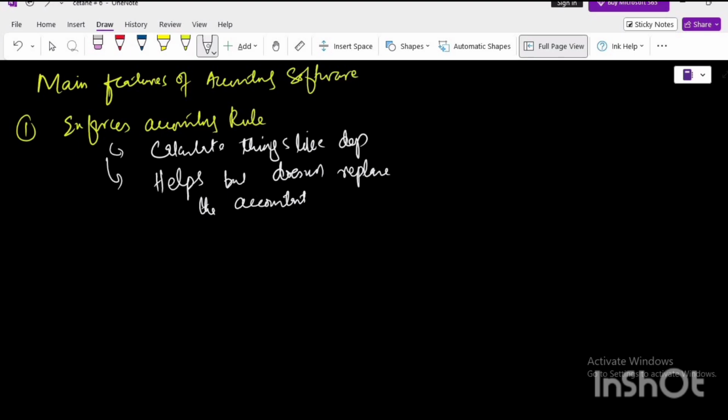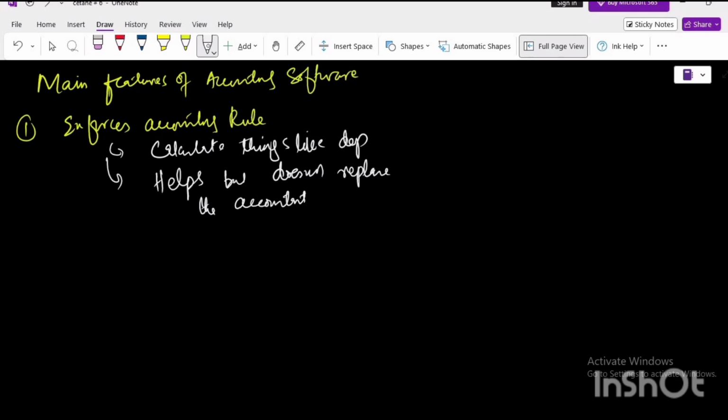So this makes accounting faster and more accurate. And it is important to understand that the software does not replace an accountant. The accountant is still responsible for managing and checking the accounts, and the software is just, you may say, a helpful tool to make the accountant's job easier, right?